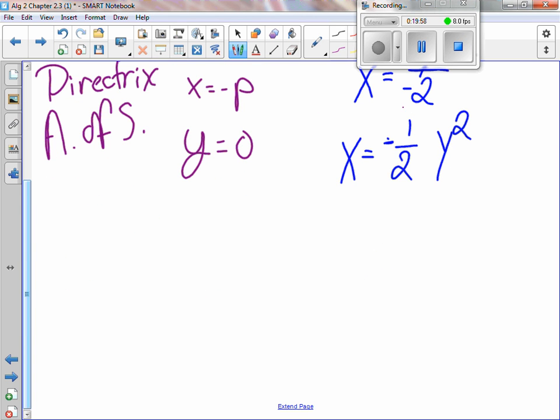And so what matched up to our 1 over 4p? The negative 1/2, yes? So what we can do is set it up as 1 over 4p equals negative 1/2. Now, for most of you looking at that, you're wondering, why couldn't we just set 4p equals negative 2 and solve, right? Because they're both in the bottom.